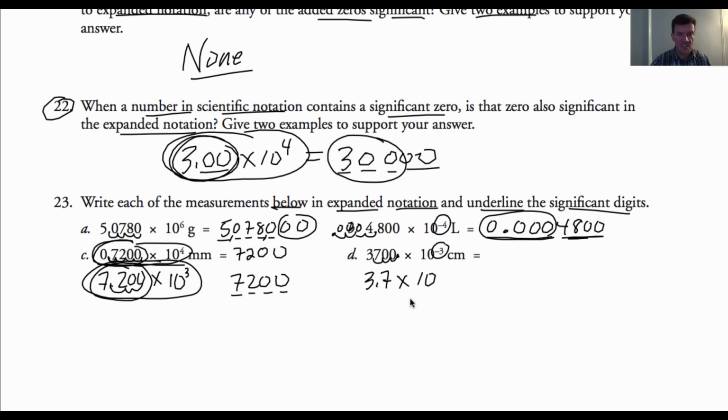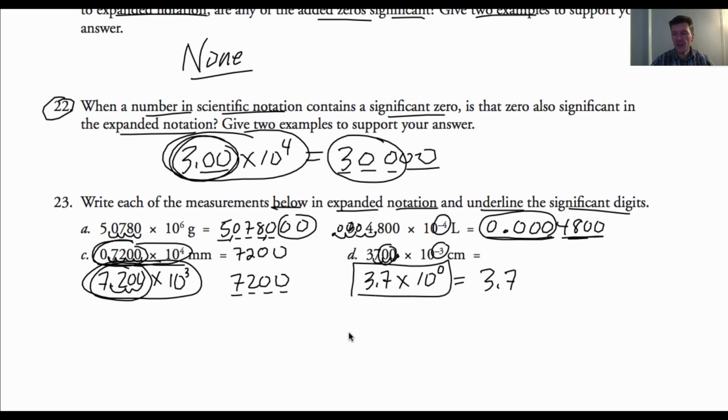So in this case, 3.7 times 10 to the 0 power, because I'm not going to multiply by 10. I just want 3.7. So 10 to the 0 is the same thing as 1. So this is just going to be 3.7, and these zeros are not significant there, but you can tell that they're not significant when you write it in scientific notation.